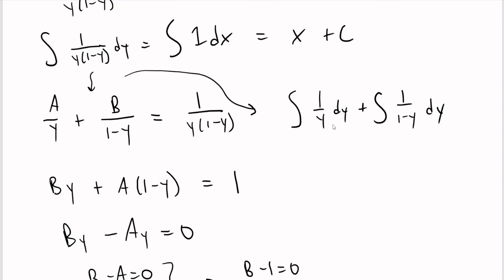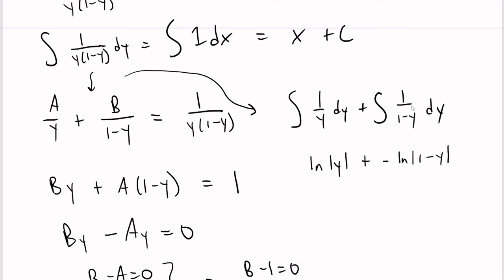Okay, so then how do we do this? Well, this is just log y, and this is going to be a negative natural log of 1 minus y plus c. But again, remember, we don't need the plus c because we already have it over here. Also, the negative pops out.